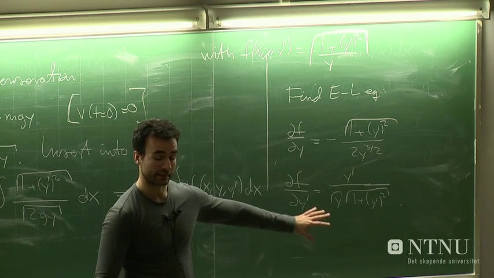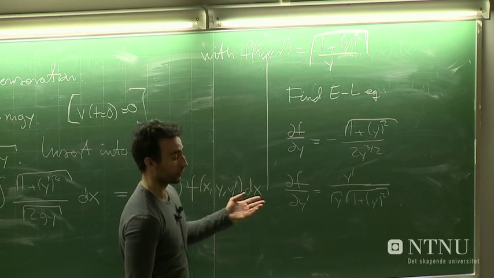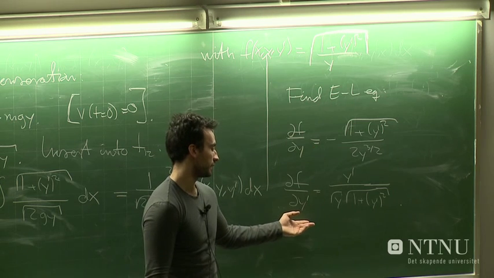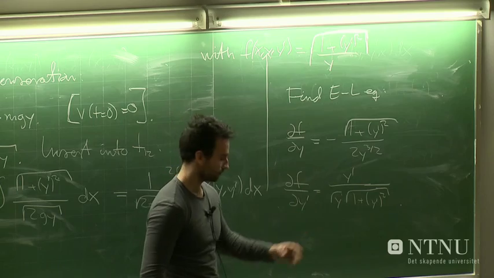So we can already see that it's going to be more complicated than the previous example. Because in the previous example, we were fortunate enough to have this 0. So we only had the x derivative of this expression. But now we have two terms.